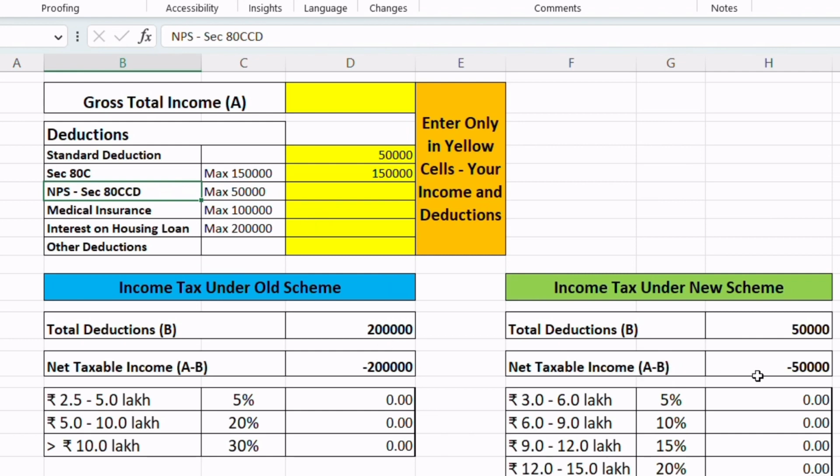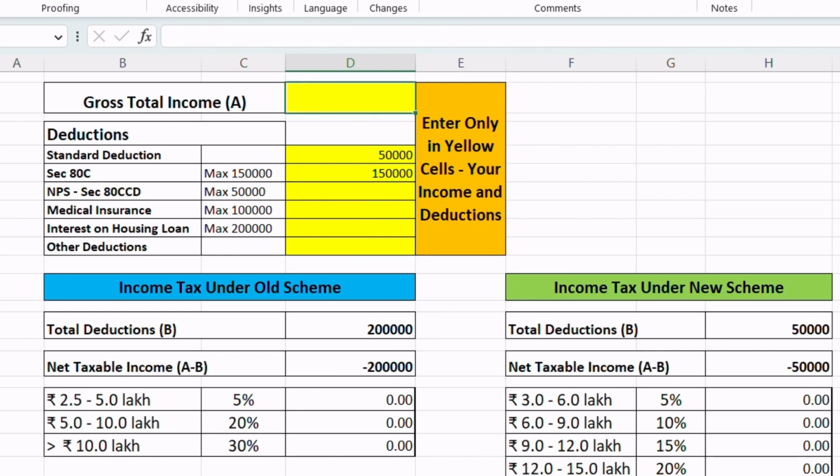Under the new scheme, the only deduction available is the 50,000 standard deduction. So standard deduction is available under both the schemes. All other deductions are available only under the old scheme. Most of the people use only 80C deduction, so here I am taking an example of 1,50,000. In case you use any other deduction, you can fill it in yourself and check the difference.